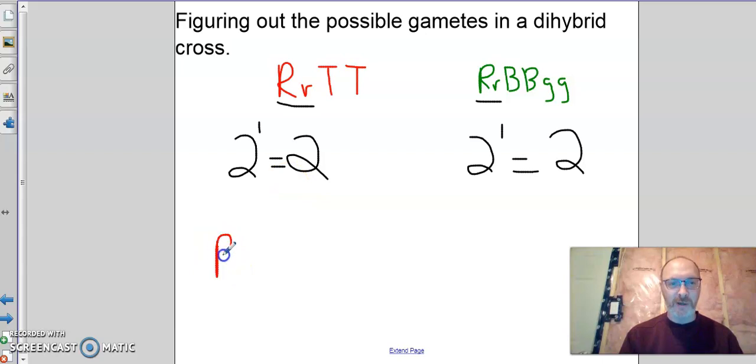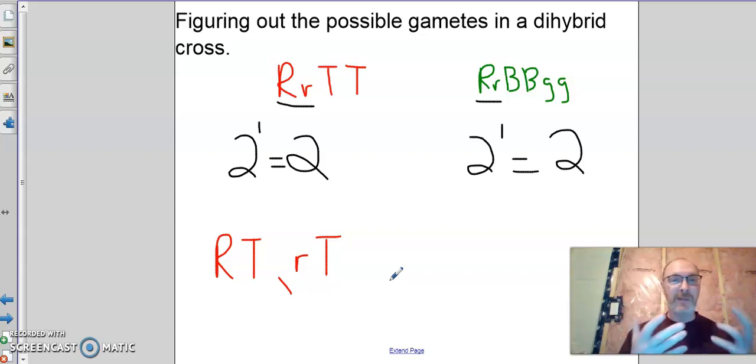One of them is a big R and big T. The other one is going to be little r, big T. I can't write down big R, little r, because that would produce a gamete that doesn't have any T information in it. I can't have a gamete that's just big T, because that gamete would be missing R information, and that's no good either.